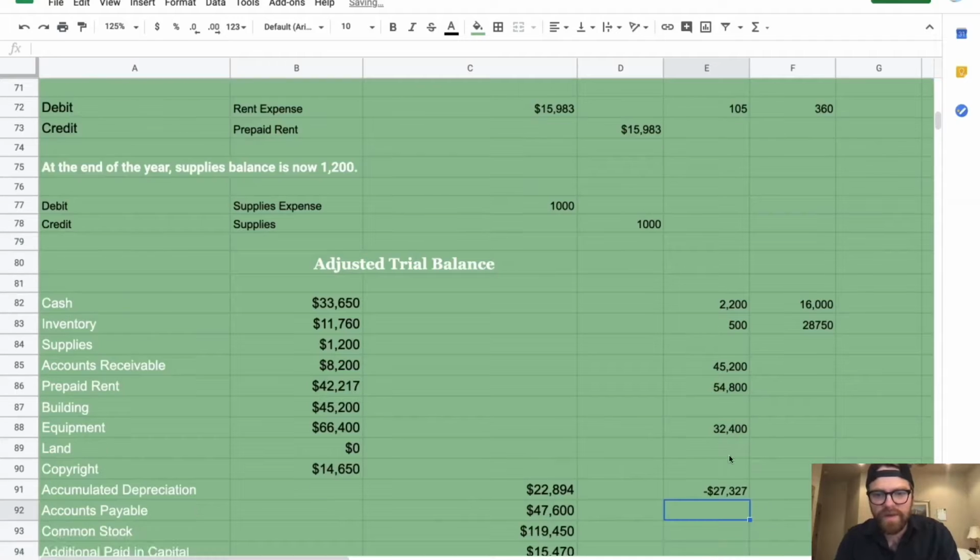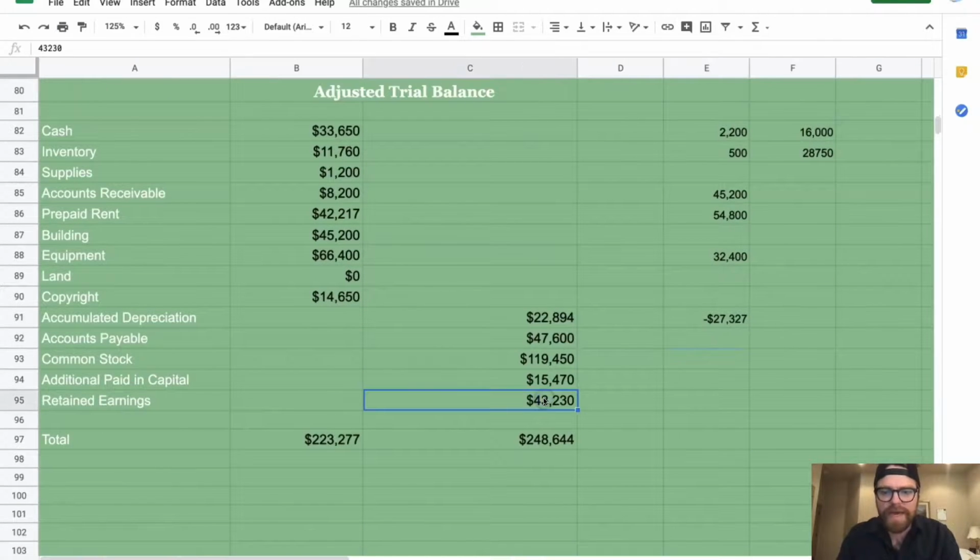It's a negative number. So what we're going to do is we're going to add that to our retained earnings. So equals plus, there we go. 15,903 is now our new retained earnings. It was reduced by a lot.